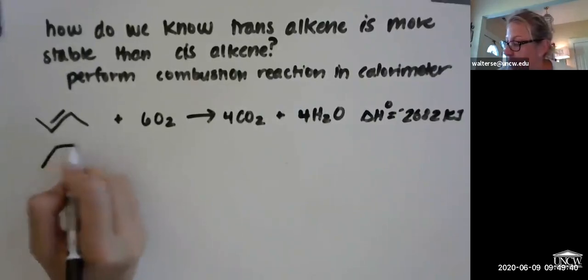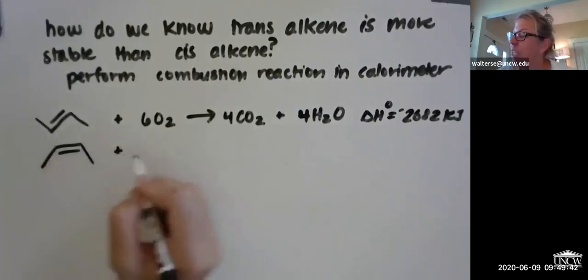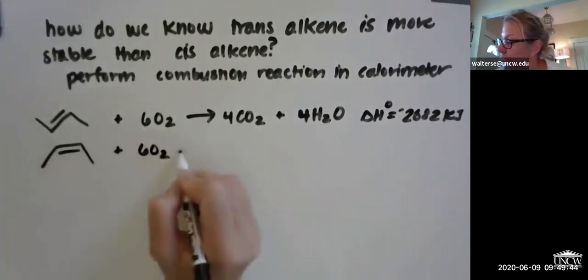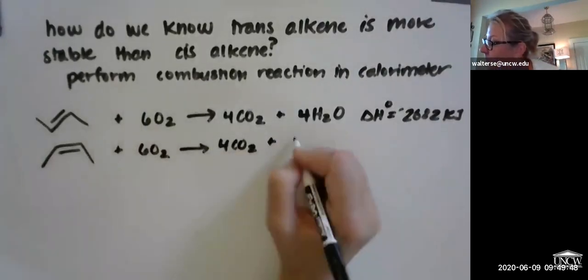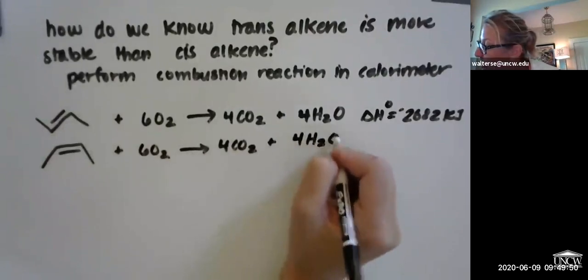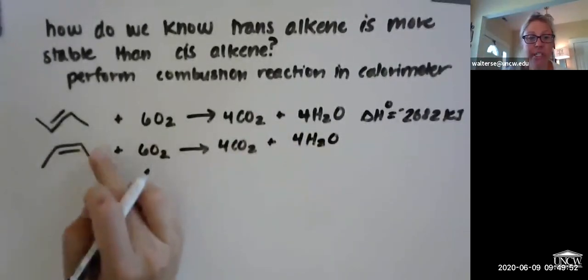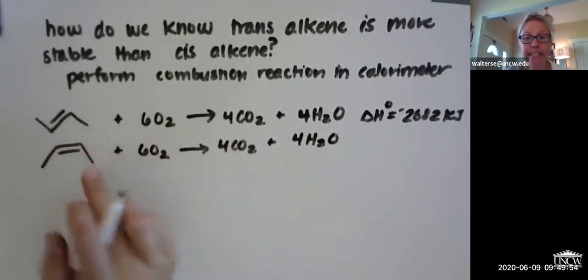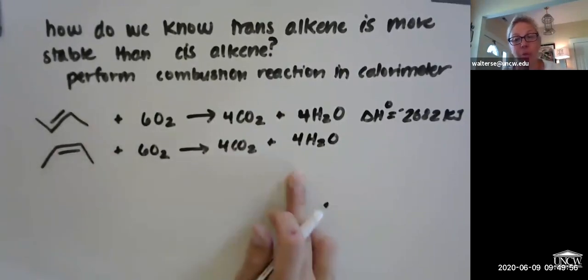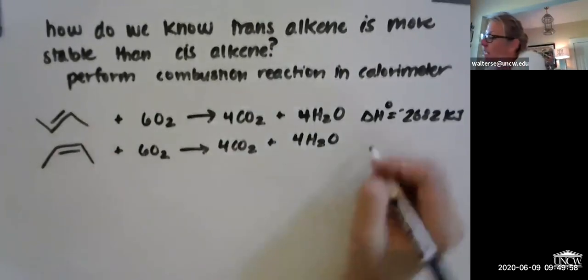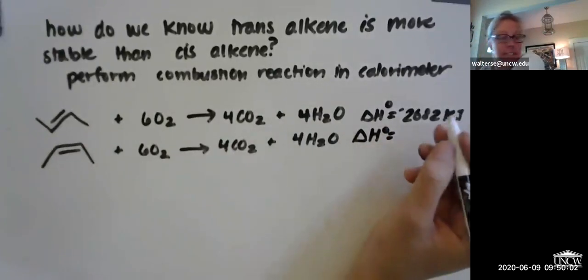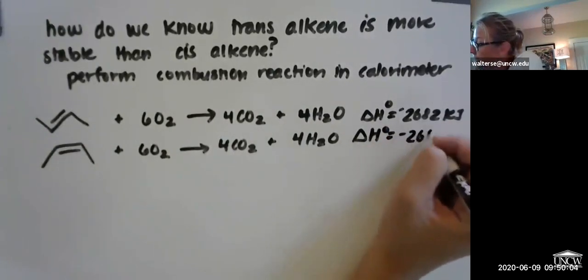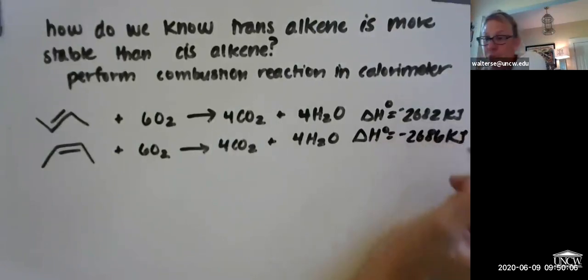If you take the cis alkene and you perform the same reaction, because we have the same molecular formula, but different connections in space, we end up with the same products, but we release a different amount of heat, minus 2686 kilojoules.